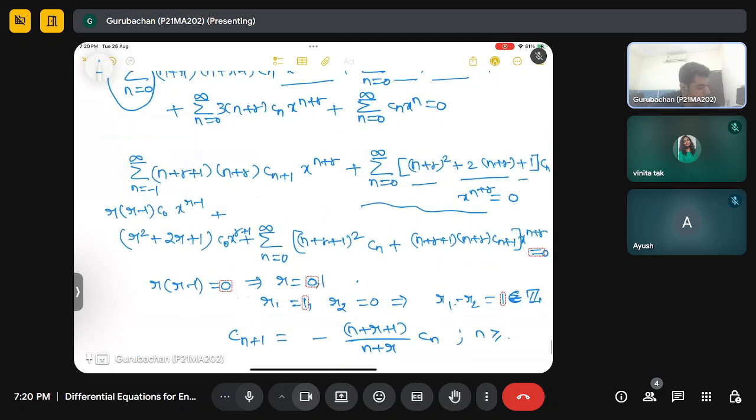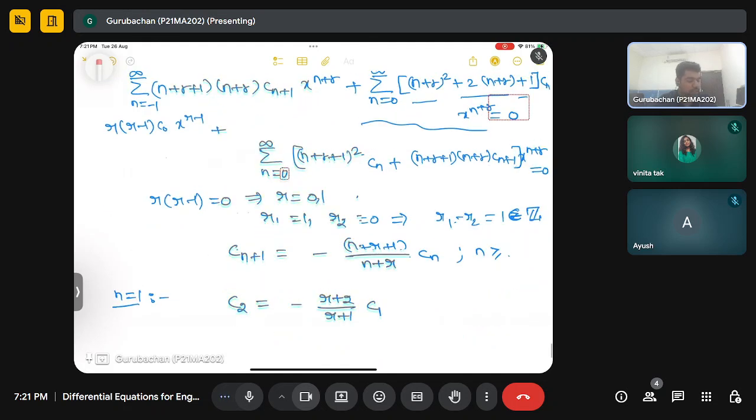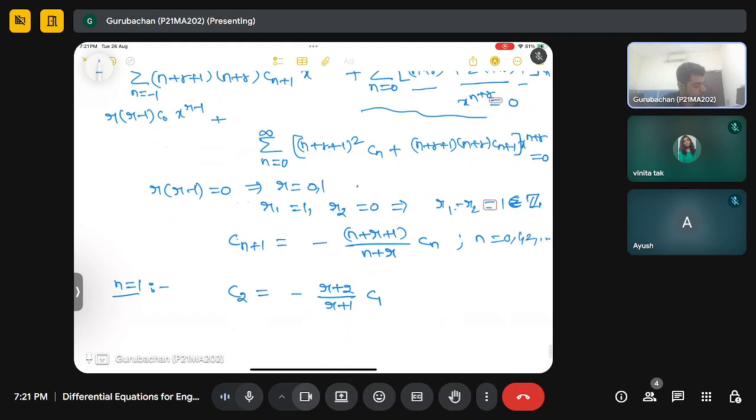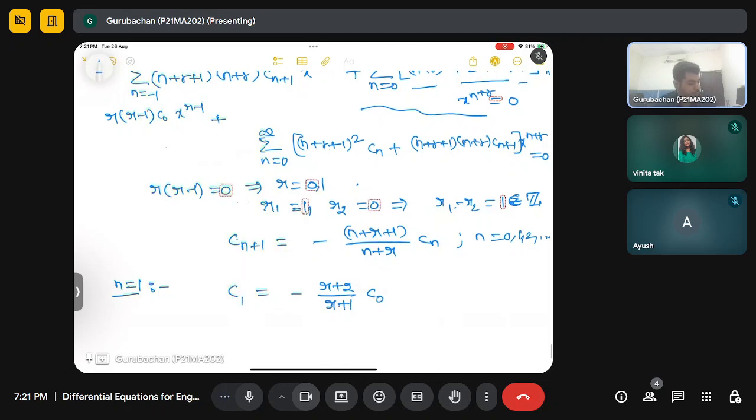Do we need to write this expression explicitly? No, we can directly move to this, so we don't need to write this one. We can now say this is from n greater than or equal to 0, or in a more precise way, 0, 1, 2, and so on. This will give you, first, C1 equals C0.